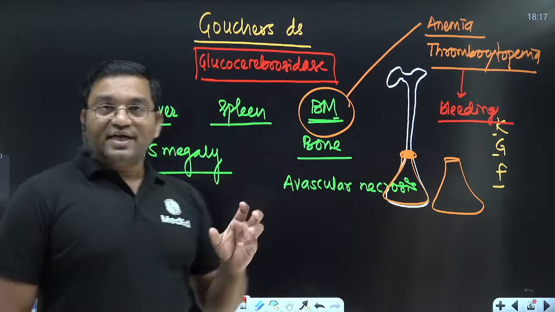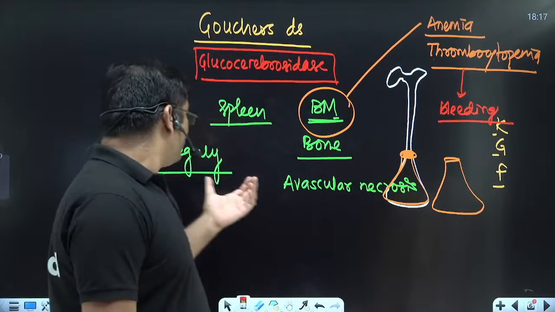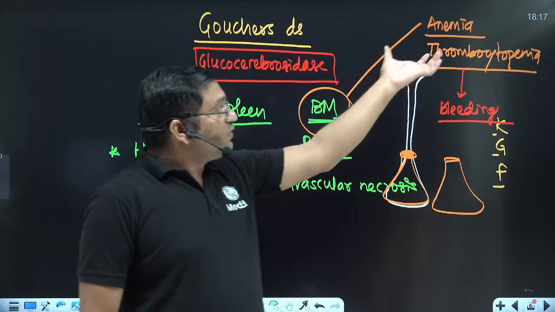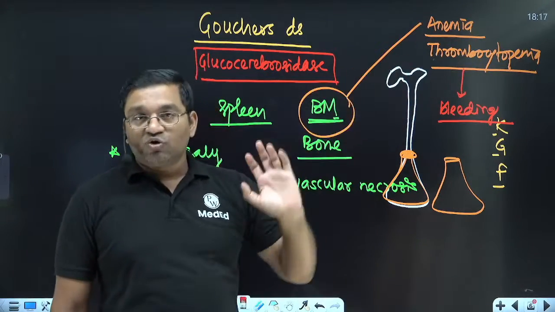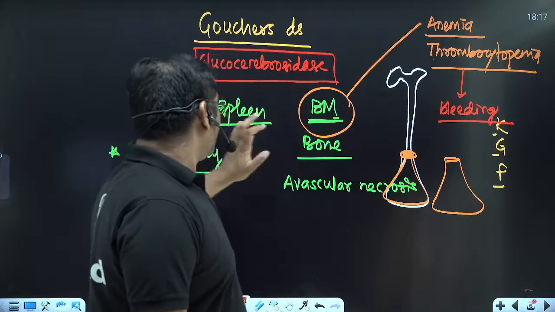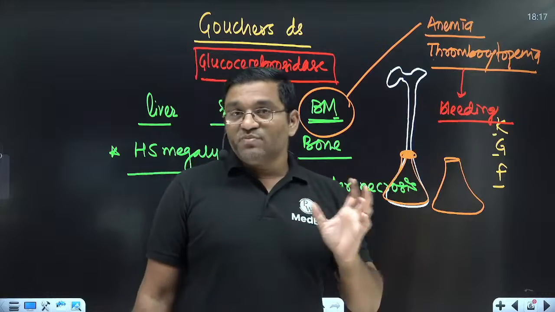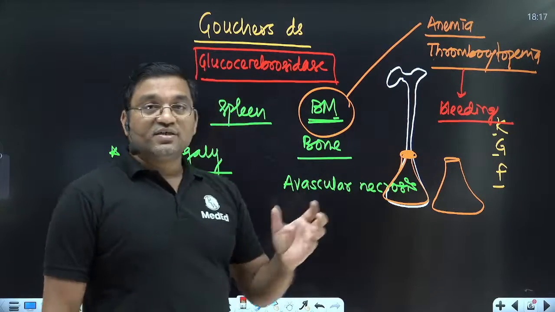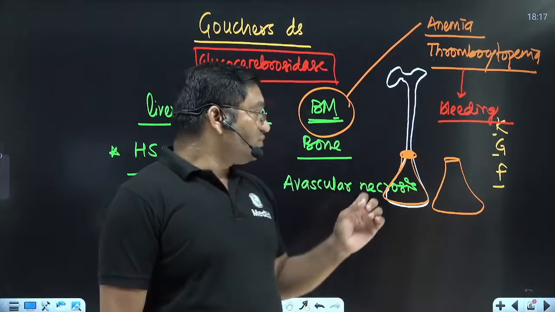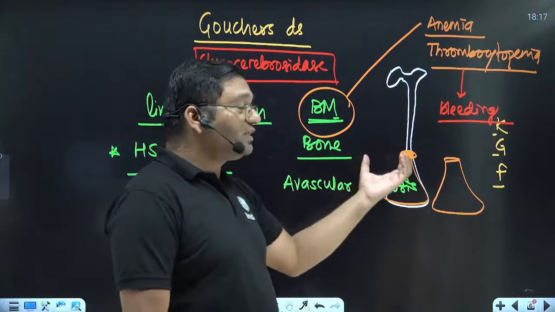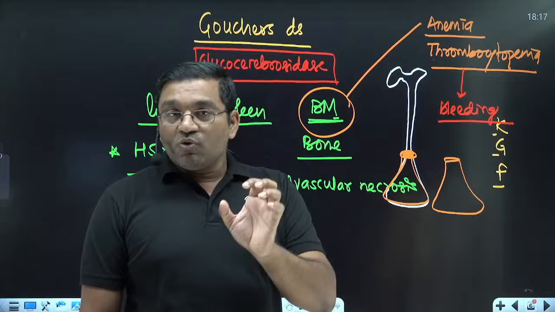It involves liver and spleen, causing hepatosplenomegaly. It causes pancytopenia, which includes anemia and thrombocytopenia. Thrombocytopenia is due to sequestration of platelets in the spleen that causes easy bruising. In the bone involvement, there is avascular necrosis of the bone due to decreased blood supply, also decreased bone mineral density that causes osteoporosis.